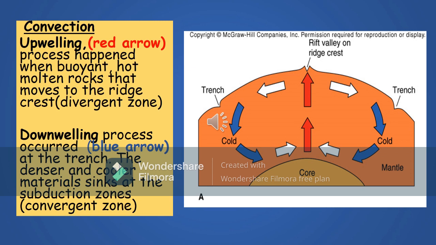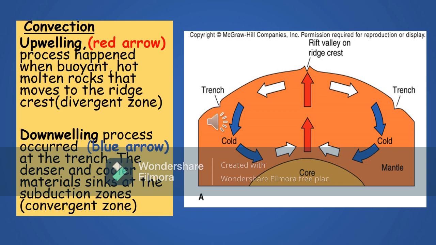And one of the reasons why the land masses move is through convection. The upwelling, represented by the red arrow, is a process that happens when buoyant, hot molten rock moves to the ridge, and that is known as the divergent zone.